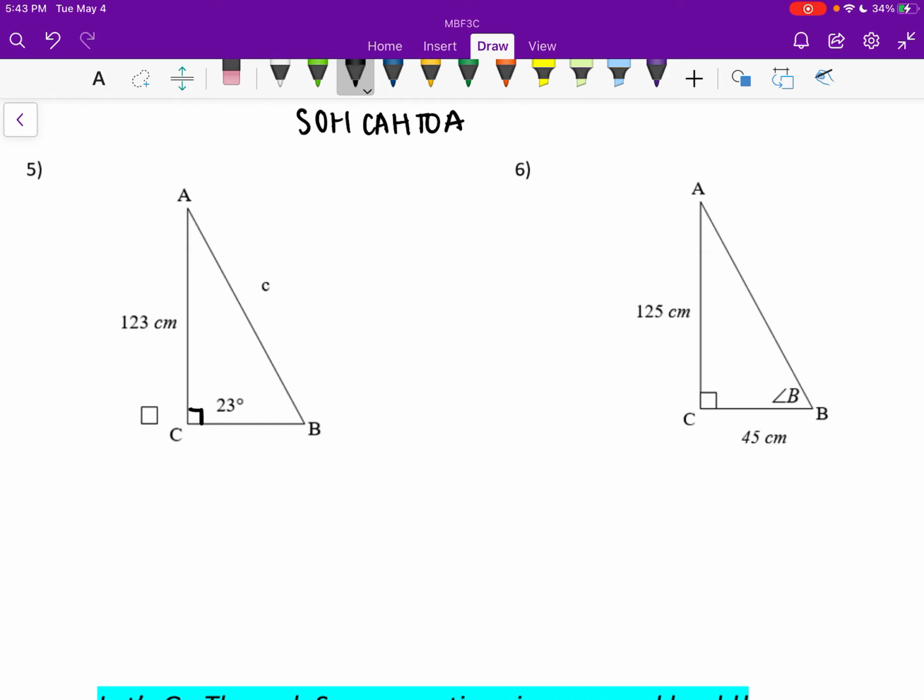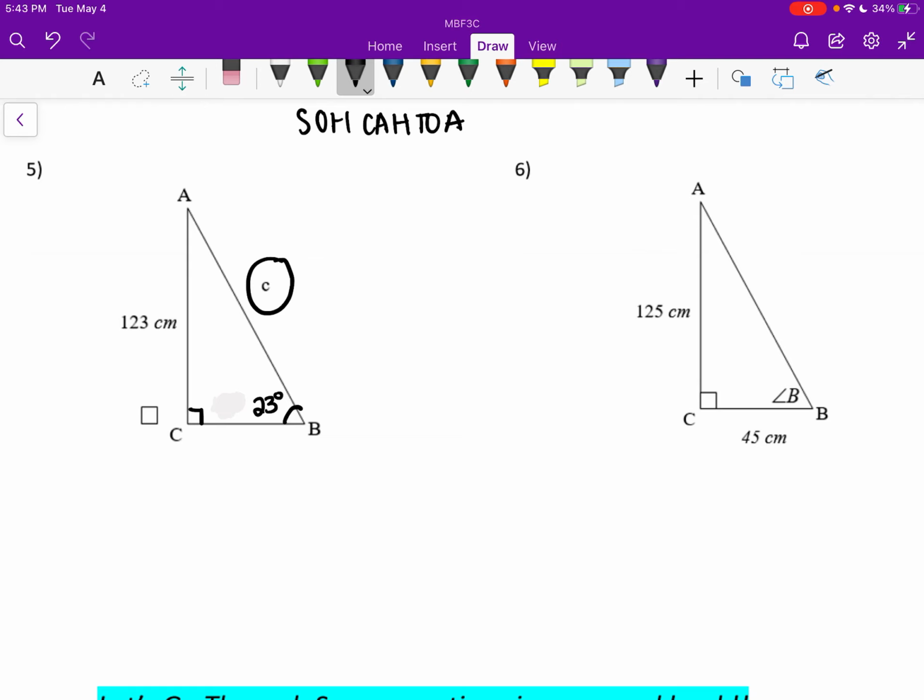I want to find out what side C is. I know that's the hypotenuse, right? I know that angle B is going to be 23, so I'm really sorry, this is just messy, so I'm going to fix it for us. This should be 23 over here, right?